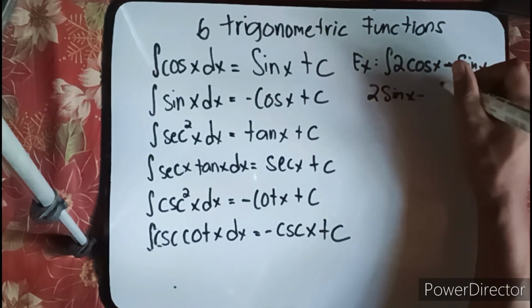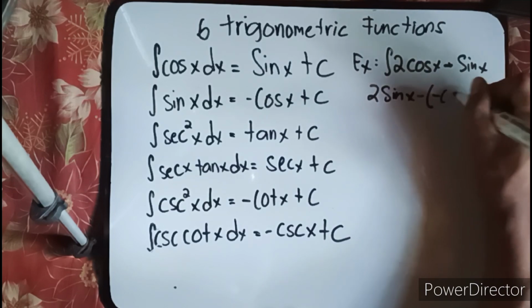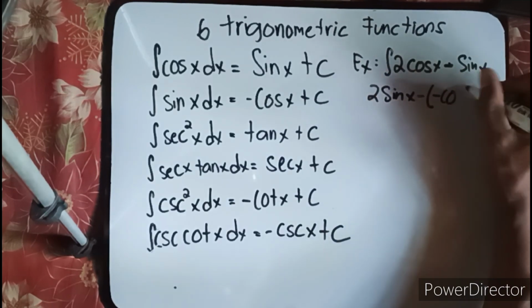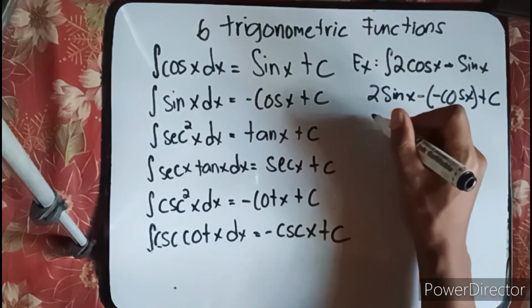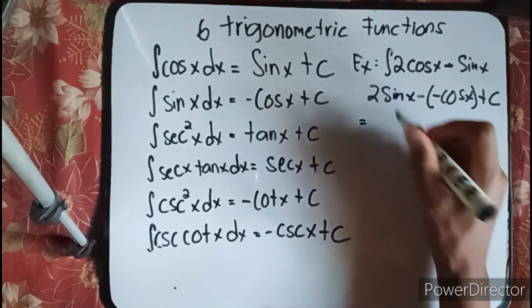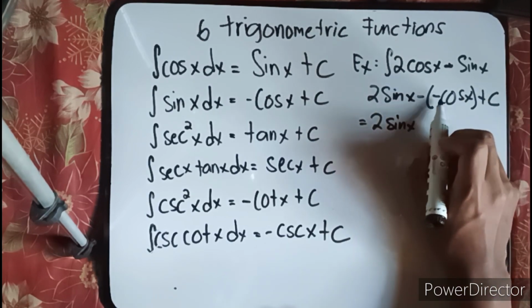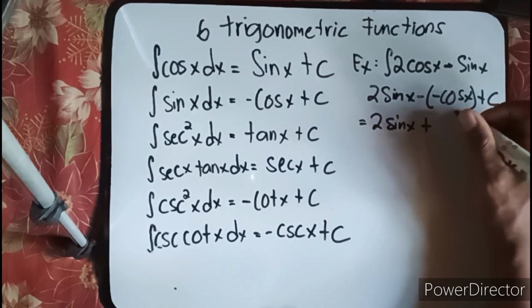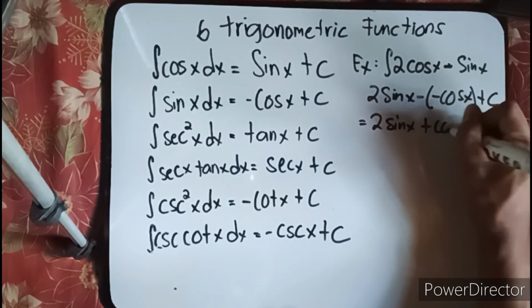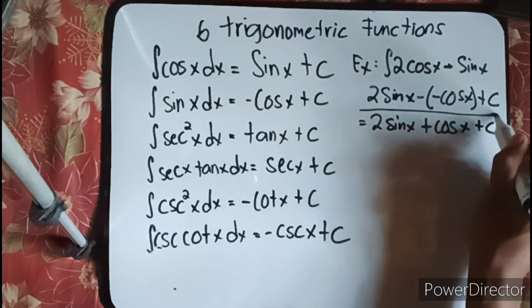Just bring down the negative sign. Plus c. So the final answer would be 2 sine x, and the same sign multiplied gives positive, so plus cosine x plus c. So that's the final answer.